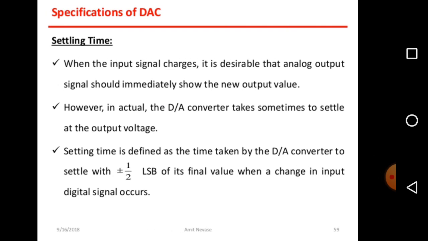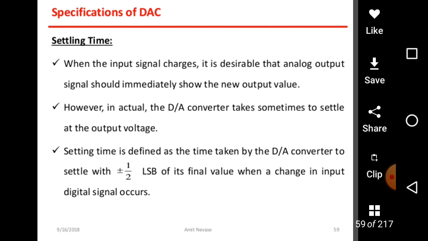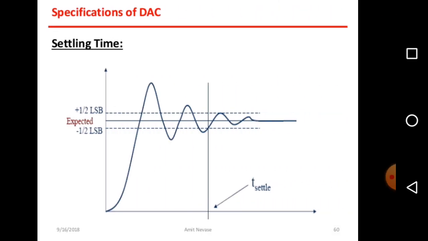Settling time is defined as the time taken by the D to A converter to settle within plus or minus half LSB of its final value when a change in the input digital signal occurs. You can see the settling time, how it is represented in the graph in the picture.